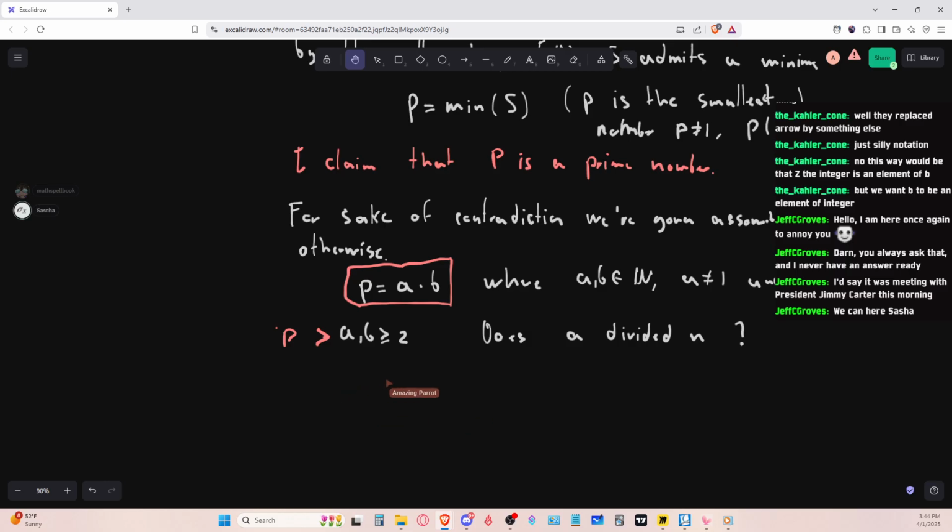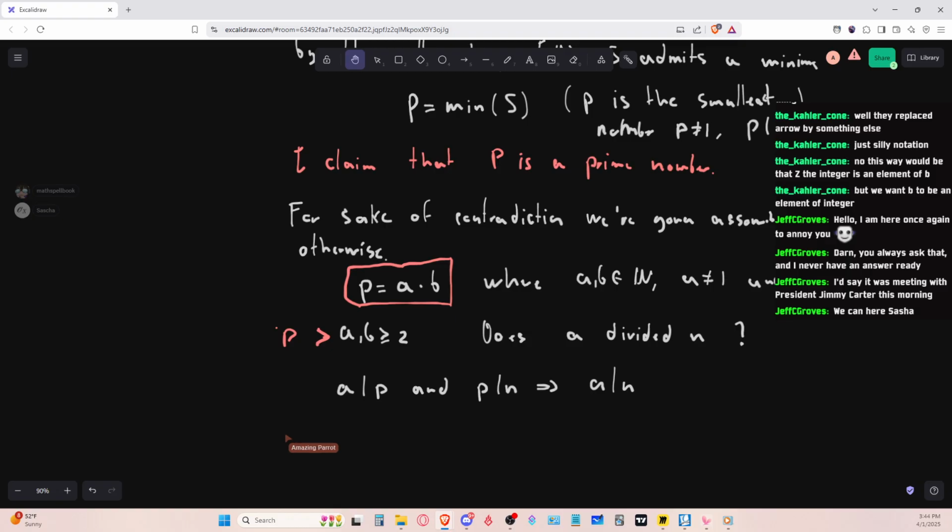Exactly. So we use the transitive property. Here we have that A divides P and P divides N by hypothesis. By construction, I should say. Then we have that A must divide N as well. Right.